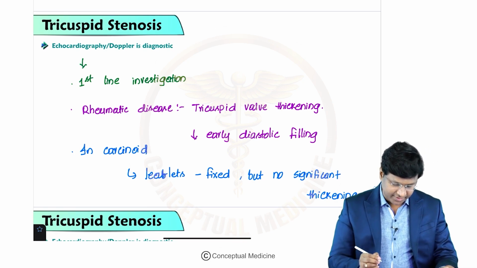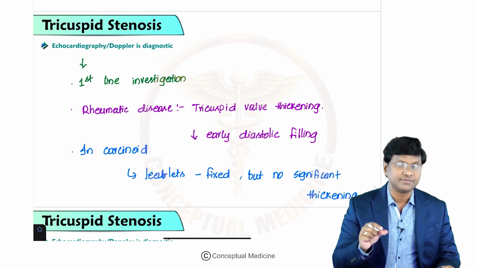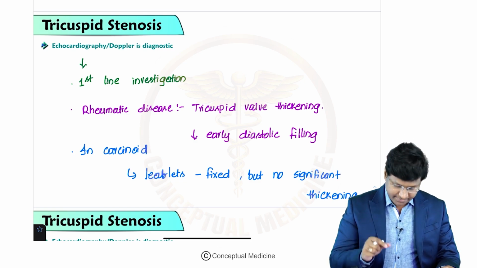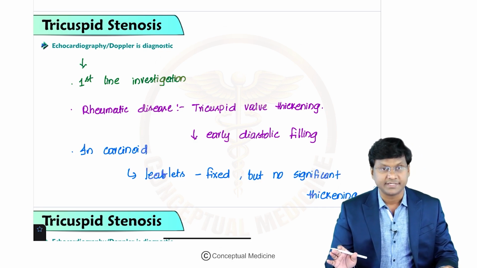That is what you will have in carcinoid syndrome. In rheumatic disease the tricuspid valve is thickened, whereas in carcinoid the leaflets are fixed but there is no significant thickening.